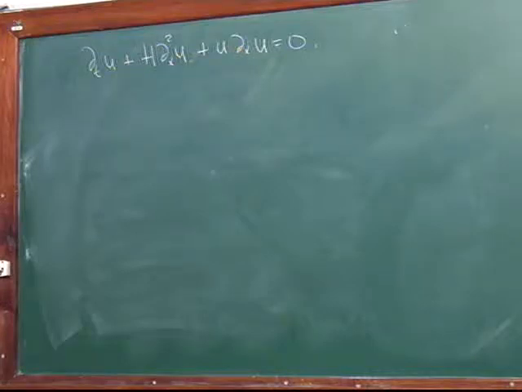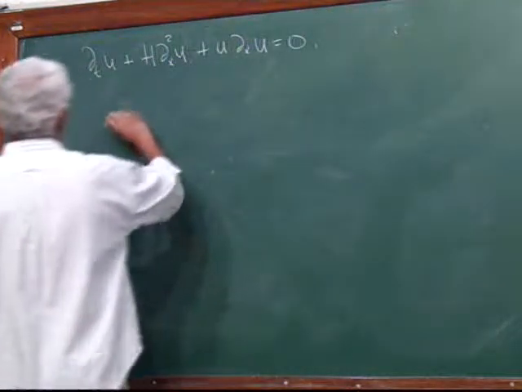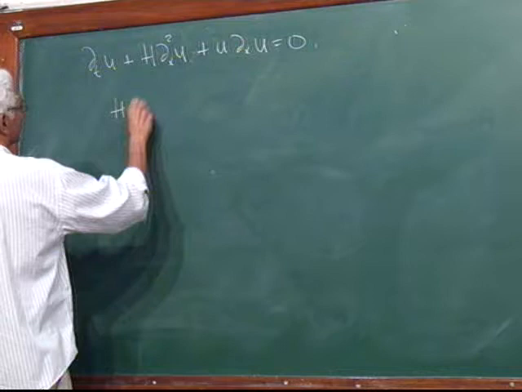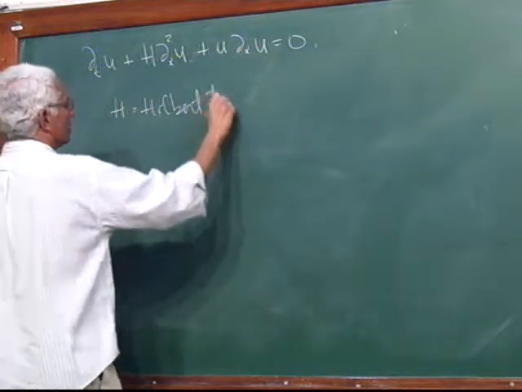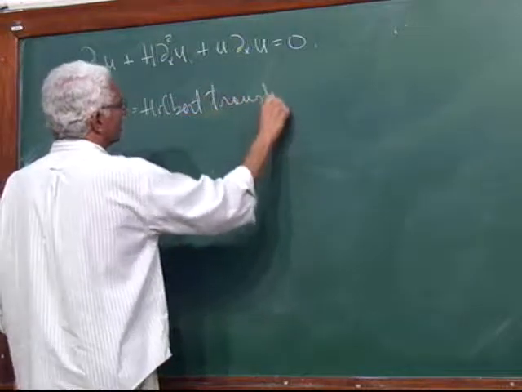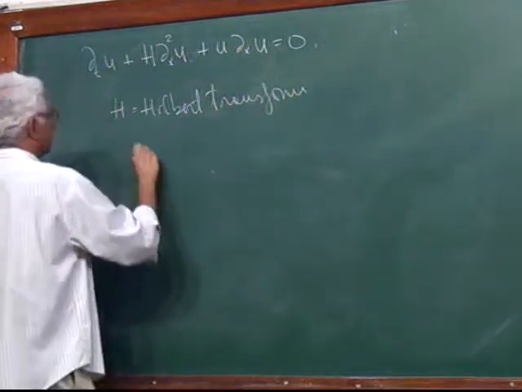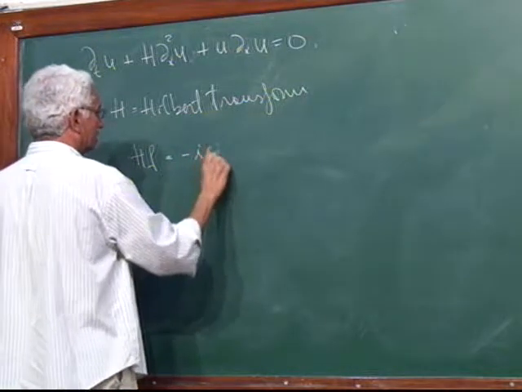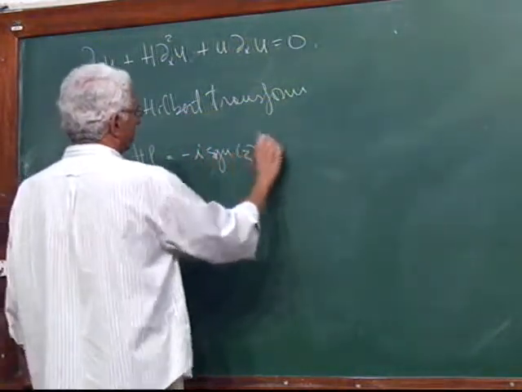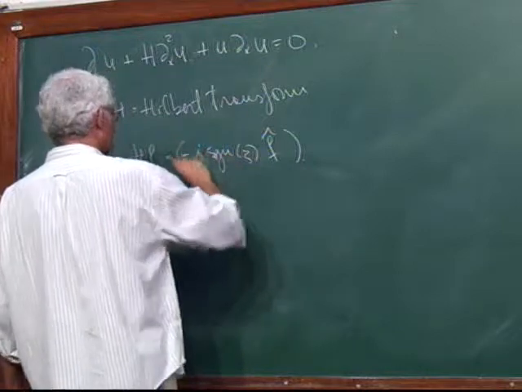Okay, H is the Hilbert transform that we studied in the first week. H of f is minus i, the sign of xi, f hat.